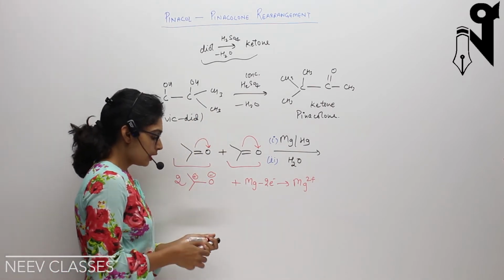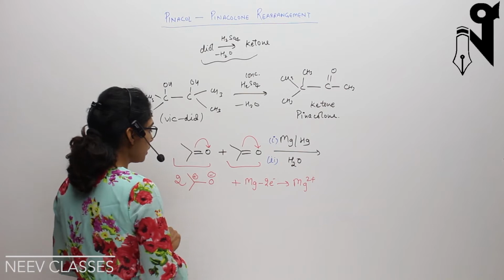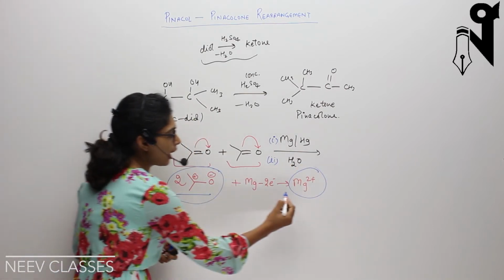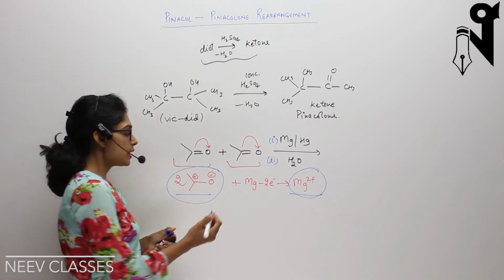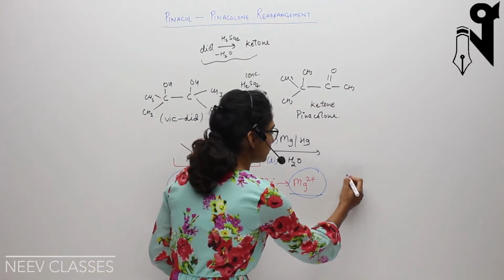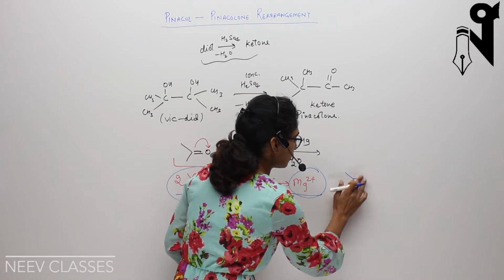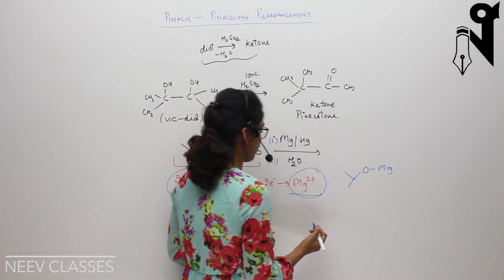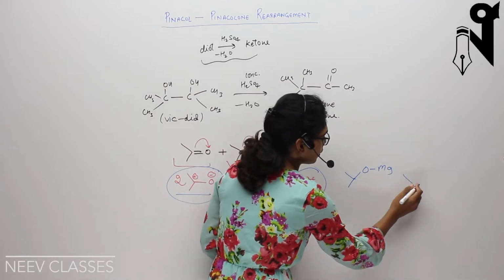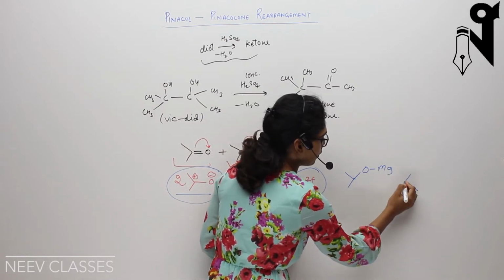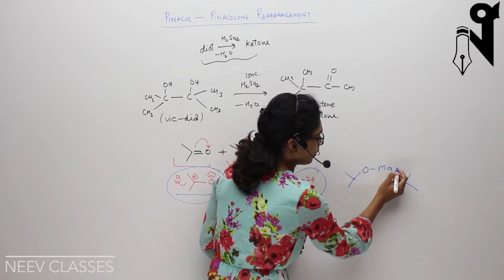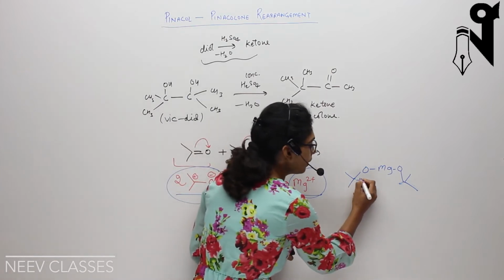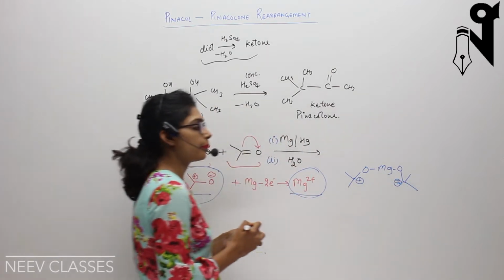Now there will be a reaction between this species and this species. So basically both will react together in such a way that OMg forms and the carbocation stays over here.